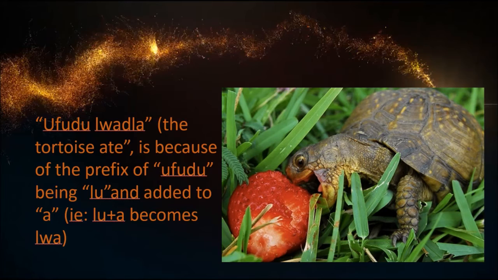It's because the prefix for ufudu is lu. Remember, you don't use the first part of the prefix, you just drop the u part and it's lu. And the lu added to a becomes lua. U plus a takes on the w, so it's lua. And that's why you'd say ufudu luadla.